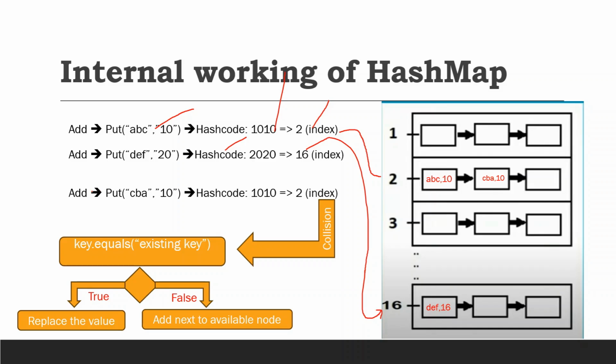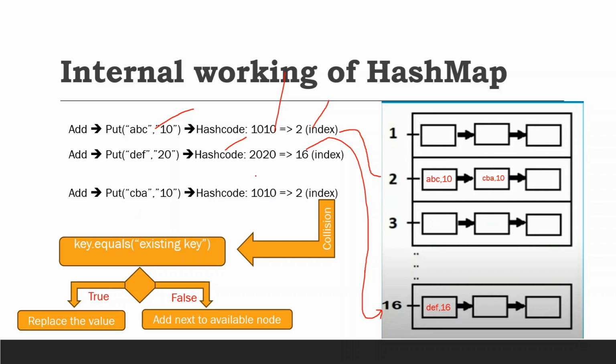In the next scenario, we are going to store cba and 10 in our HashMap. This time the hash code is 1010. It may be possible that different objects have the same hash code.